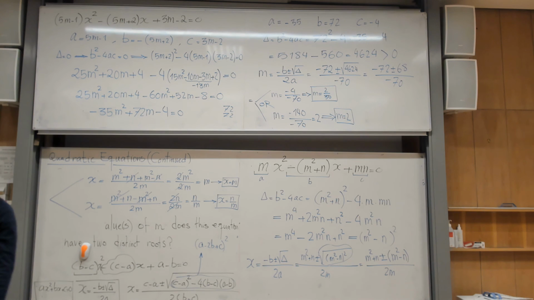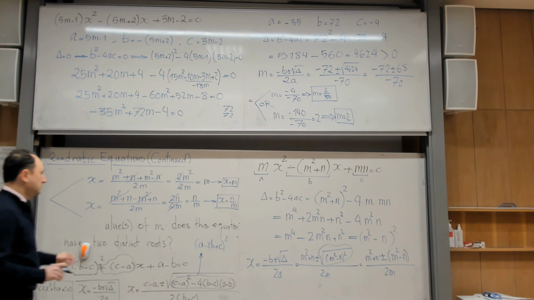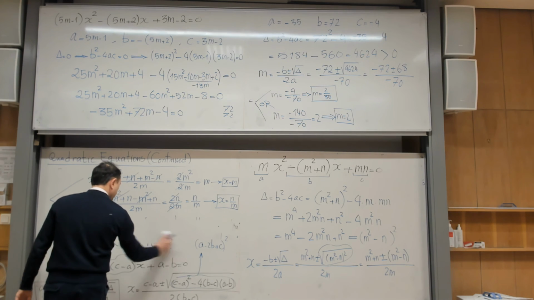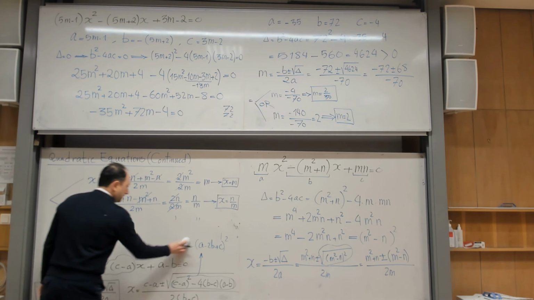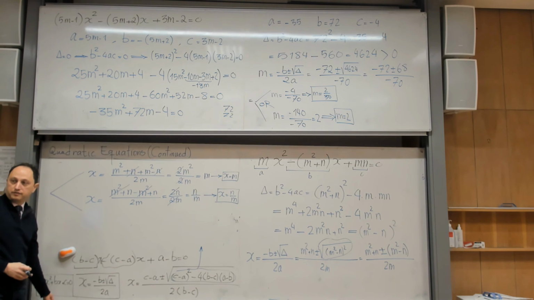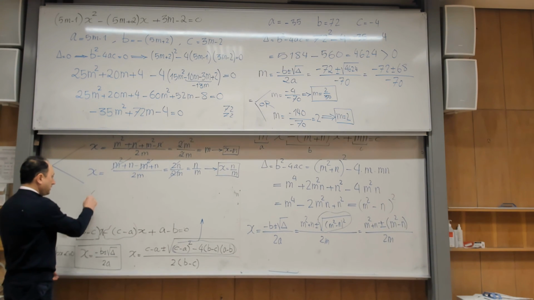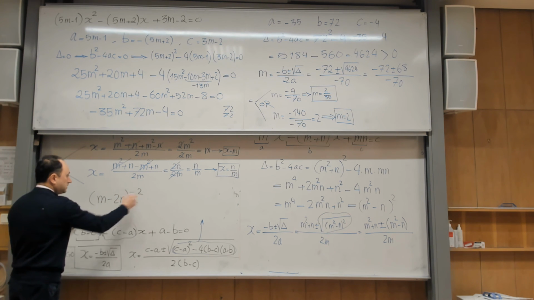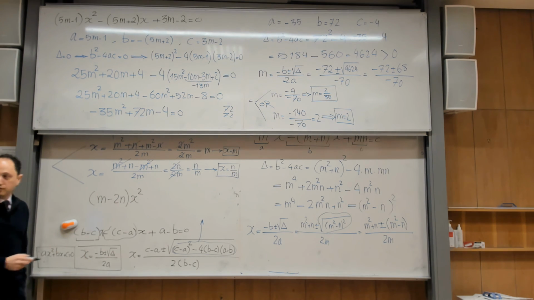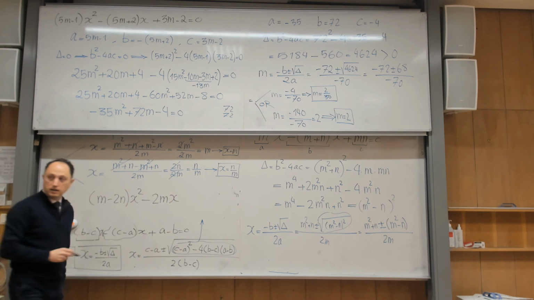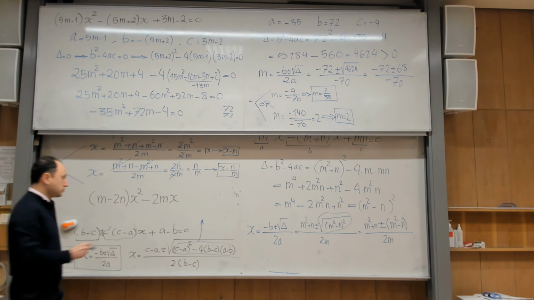If you're interested, I would recommend you to solve it yourself. Okay, so let me clean this. If you are interested to solve another example for yourself, this is the problem. I think you can also do this: m minus 2n times x squared, and then you have minus 2m x, and then you have m plus 2n.